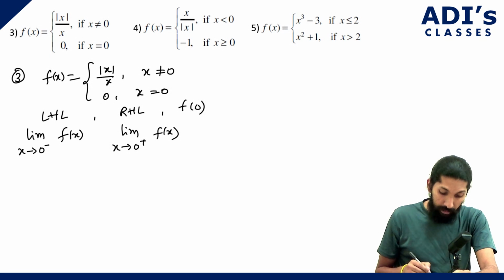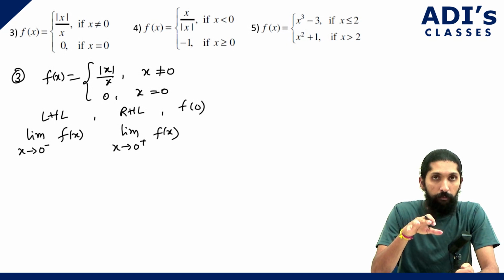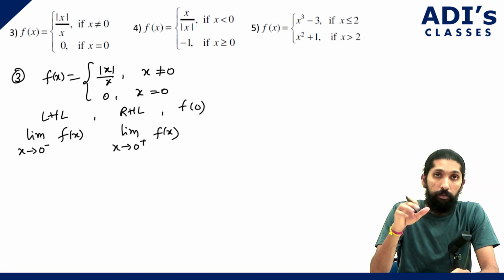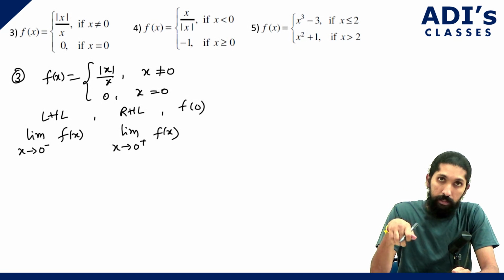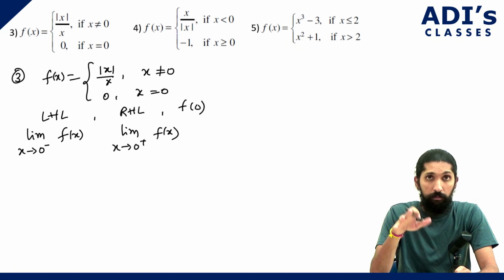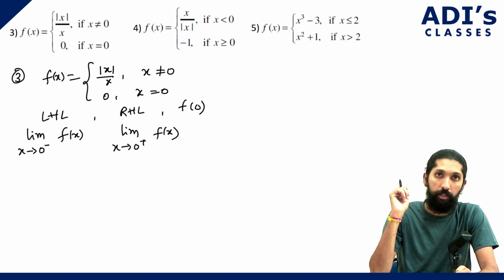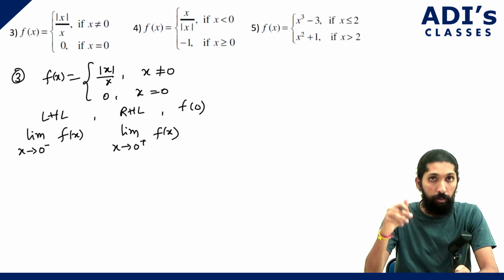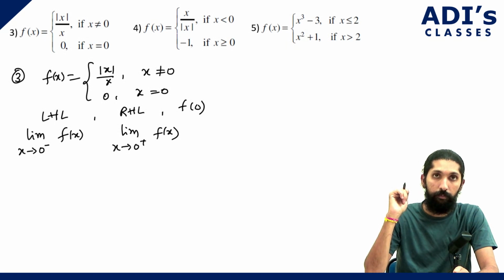Now when we do the LHL part, see, when you have x value less than 0 for a modulus function, now the function is going to become minus x. You have learned this in the functions part, correct? And also you have learned this last year when you're talking about the range and domain of a particular function, right?